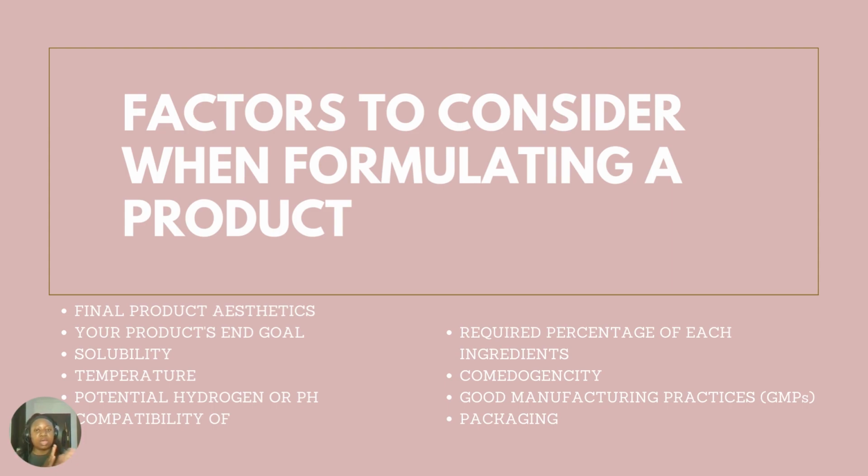So you really want to consider comedogenicity. I would like you to go back and watch the video on comedogenic rating of oils and butters, just to refresh your memory, in case you have forgotten.